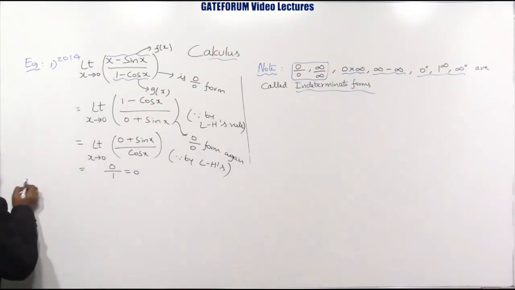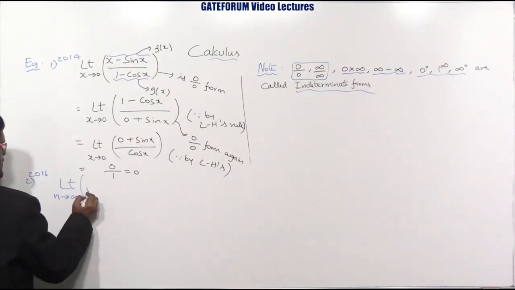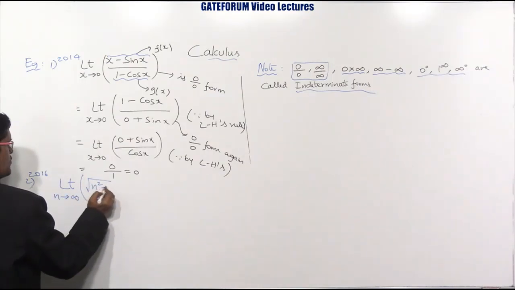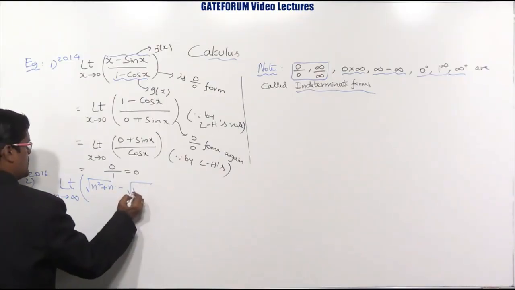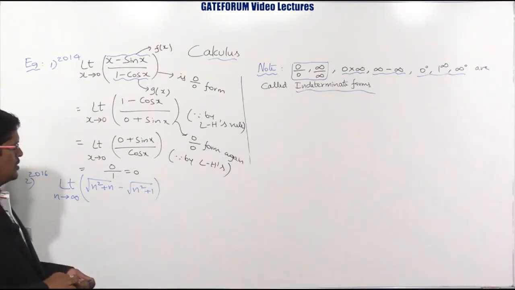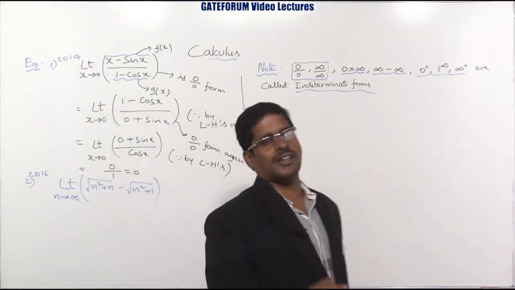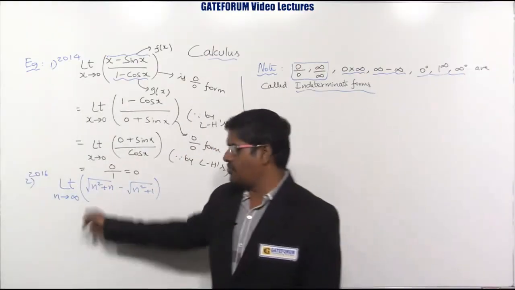Number 2, 2016: limit n tends to infinity, root over n square plus n minus root over n square plus 1. So in place of the x variable, now it has changed to the n variable. n is tending to infinity.